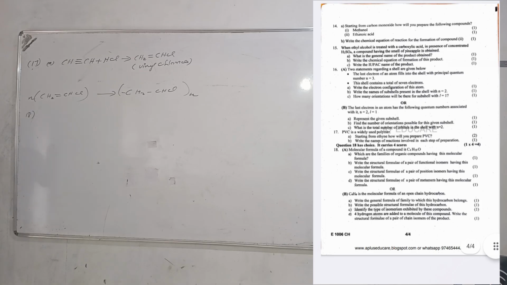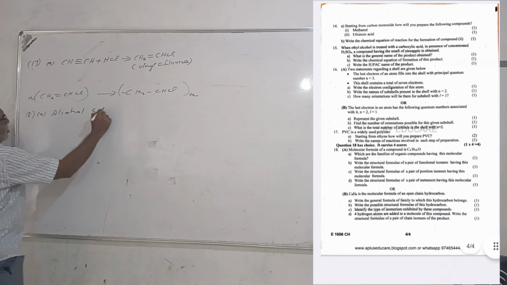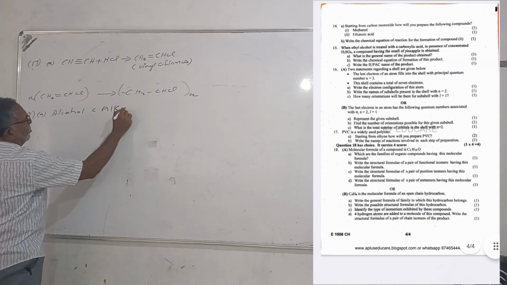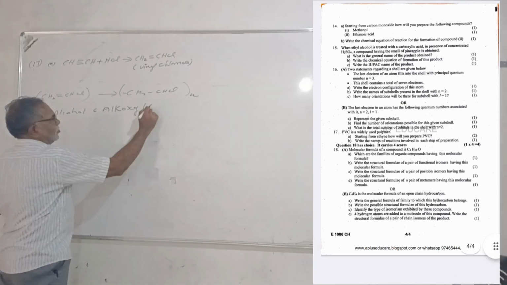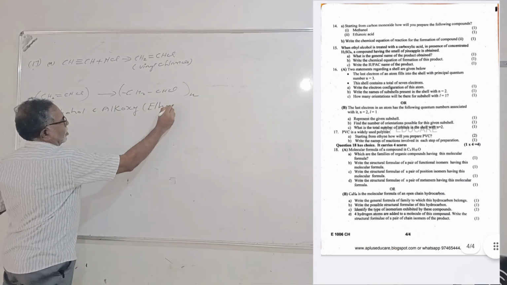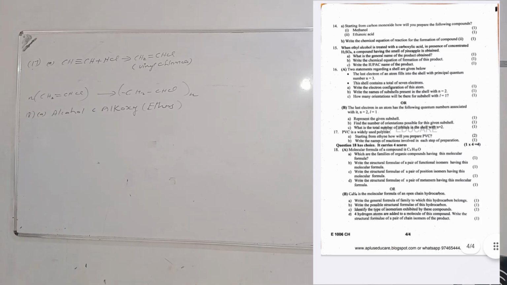Question A. The molecular formula is C4H10O and the families are alcohol and alkoxyalkane, that is ether.